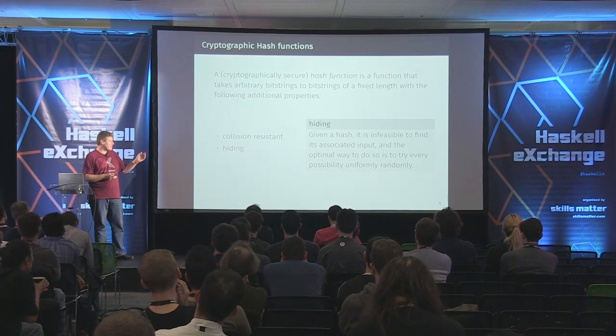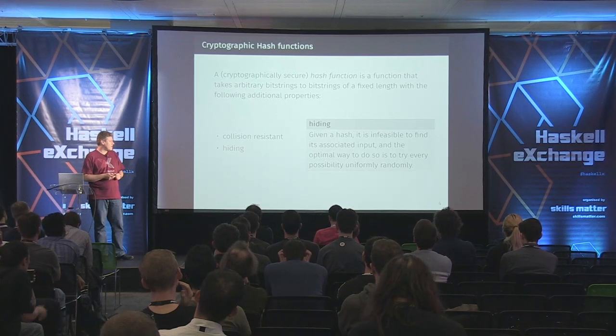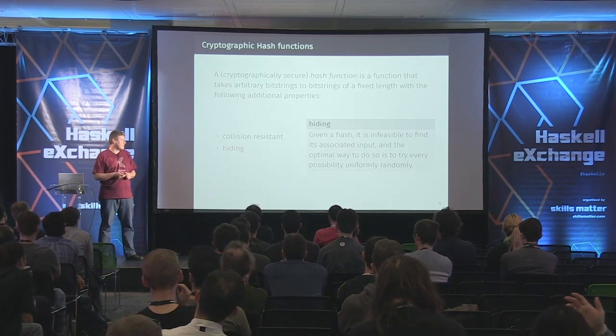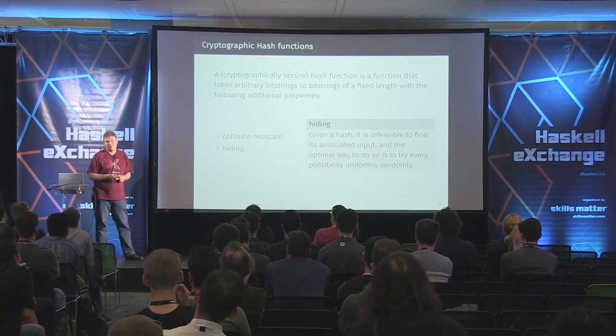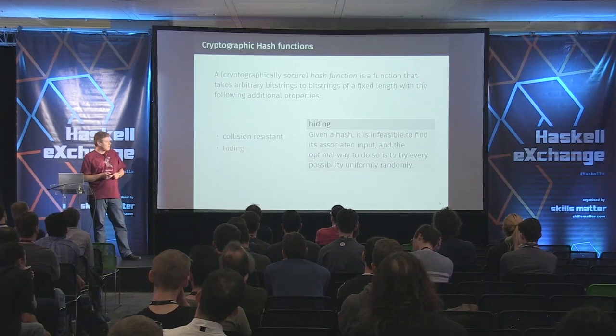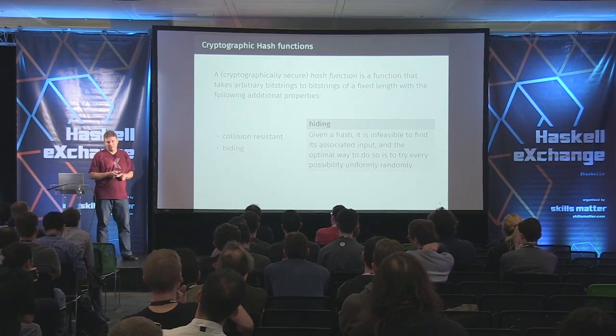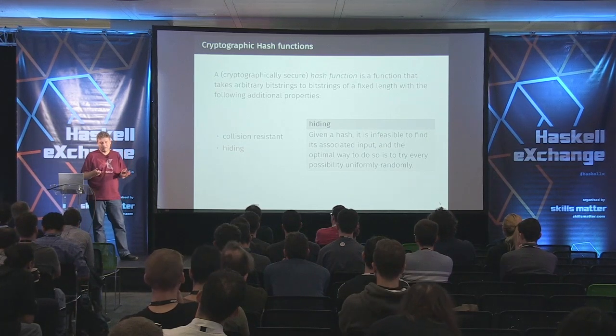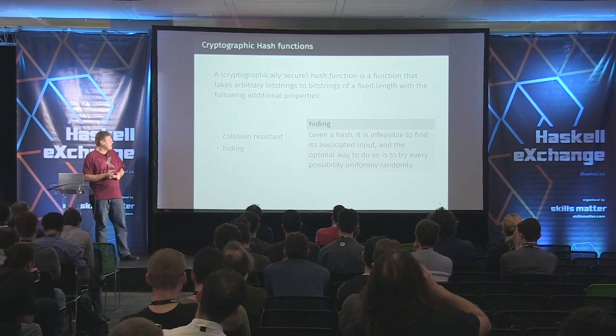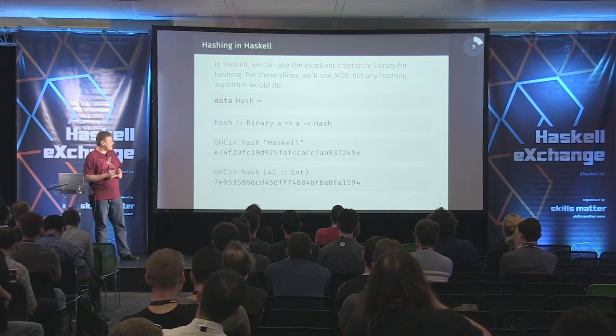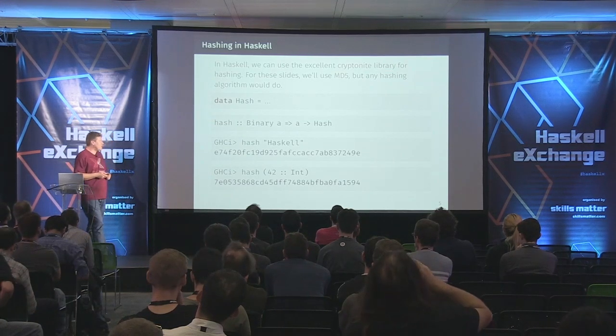And there are plenty of examples, as I said, of hash functions that were popular and have turned out to be not secure in that sense. So people have found two elements that map to the same hash, and that's then even published, so that's normally big news.